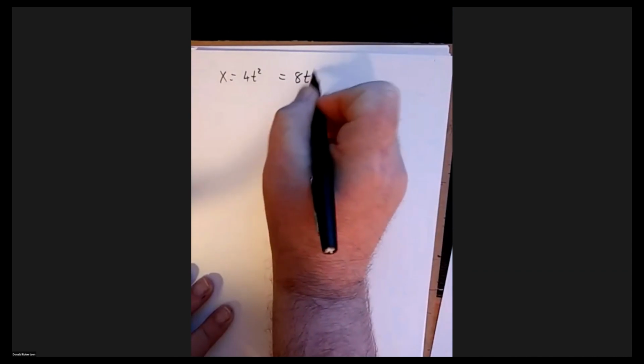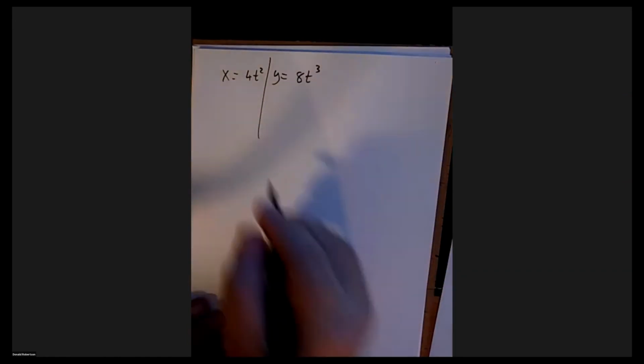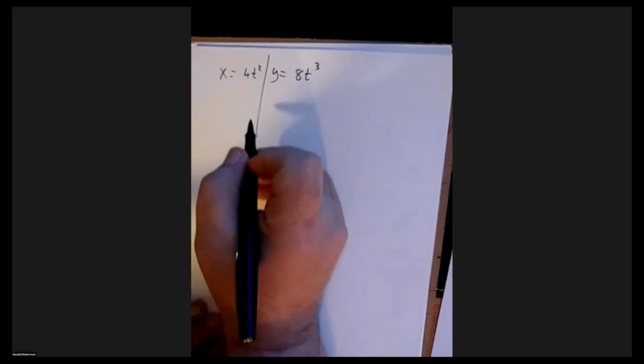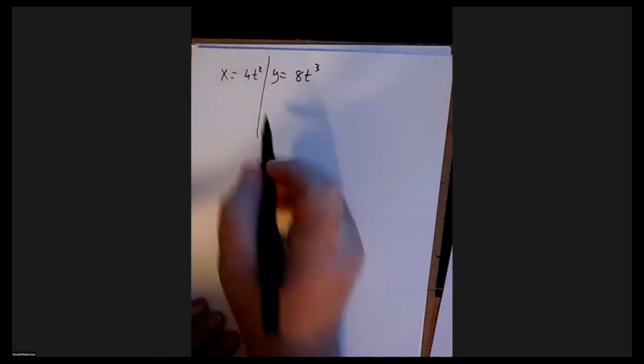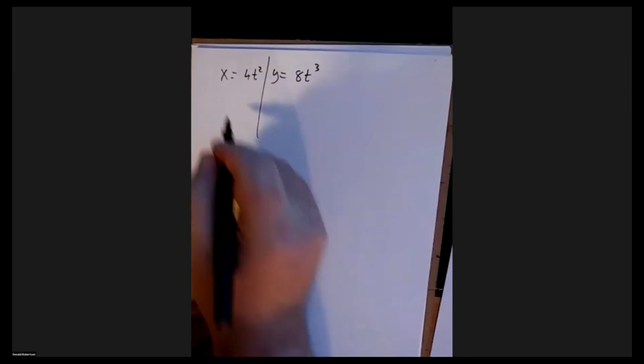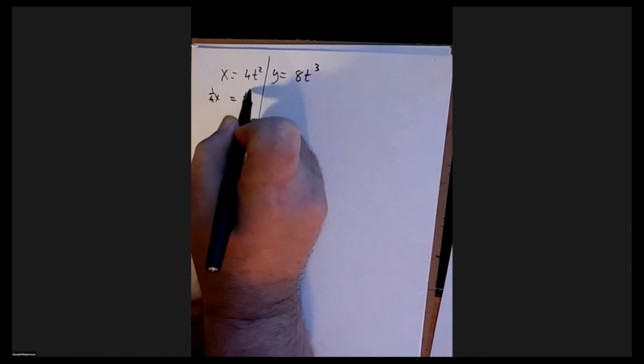Now I'm going to go back to that same question and see if we can get to the answer that we want with a lot less work. Okay, so that's where we're going. So I am going to look at this fella here, and I'm going to think of him as 1/4 x equals t squared.